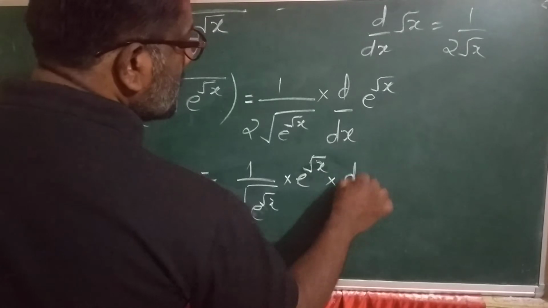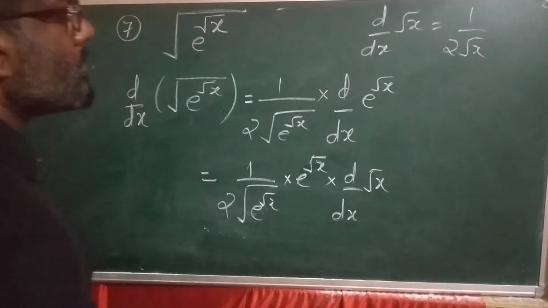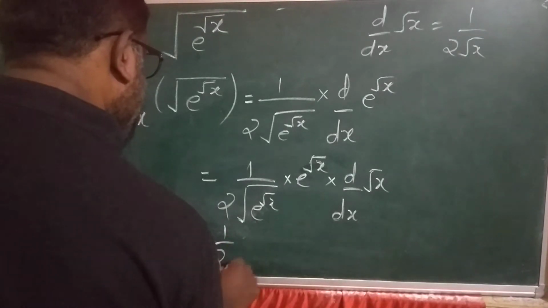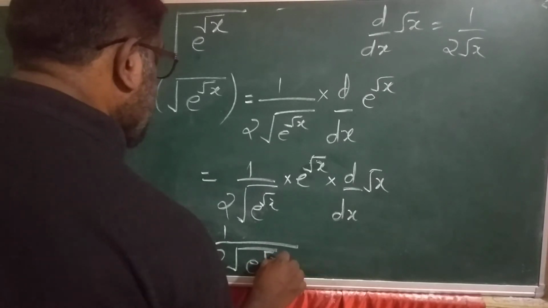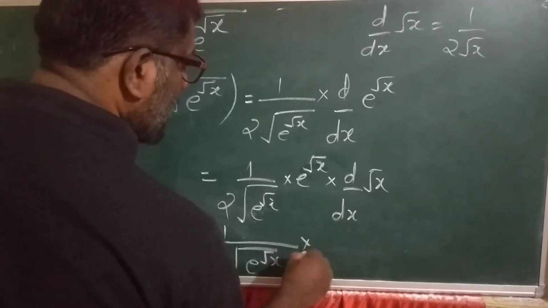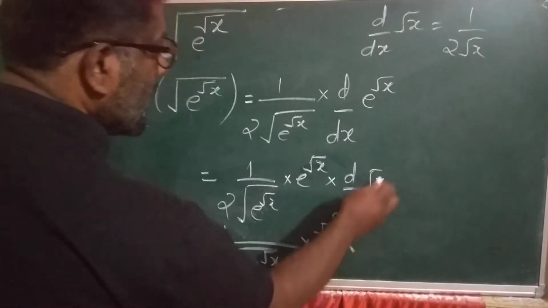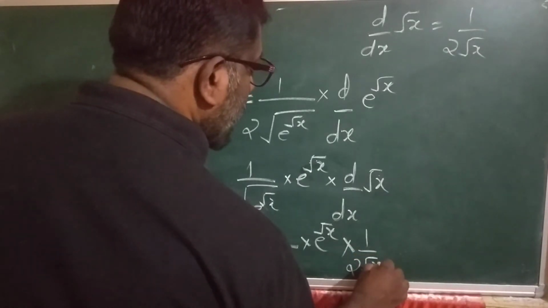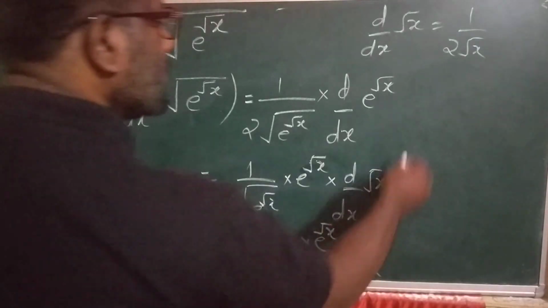Then the derivative of root x again. So we'll have 1 upon 2 root e to the power root x into e to the power root x, and here it is again 1 upon 2 root x.